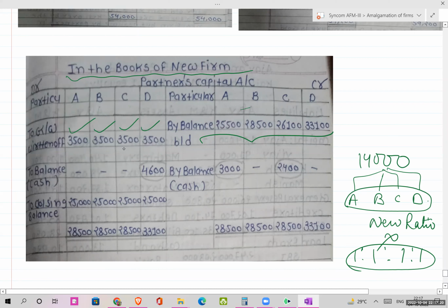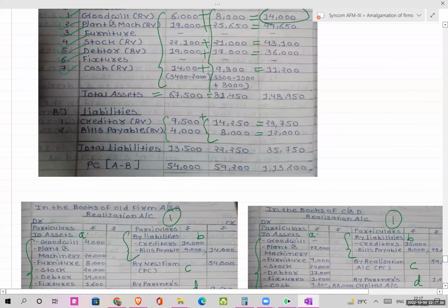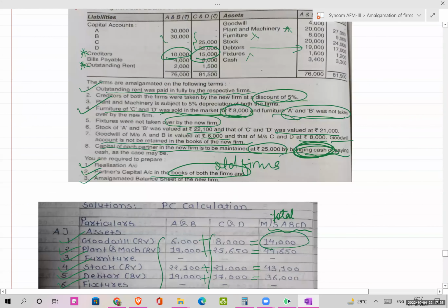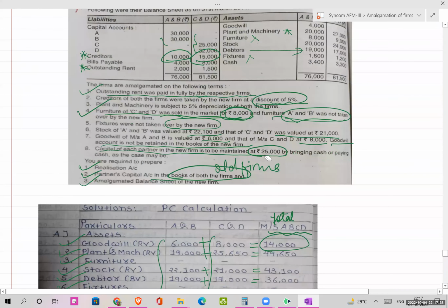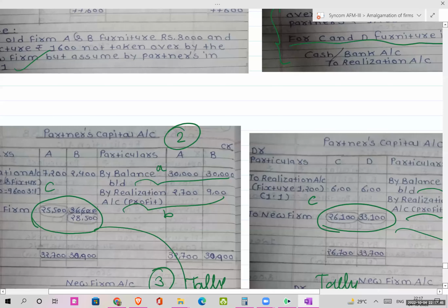और फिर वो लोग ने बोला था ना क्लोजिंग बैलेंस रीस्ट्रक्चर्ड कैपिटल कितना बोला है? रीस्ट्रक्चर्ड कैपिटल 25,000 ईच बोला है. बराबर. In the question it was given that restructured capital will be 25,000 each. I will highlight that point. See this one, this last wala point, the 8th one. Just a minute.